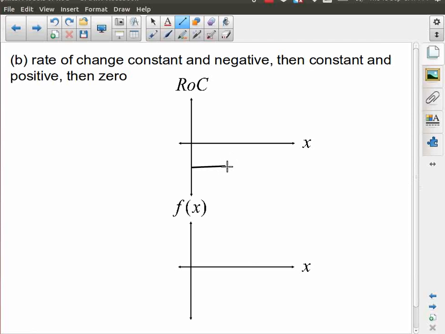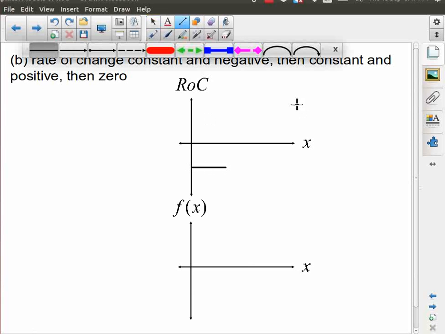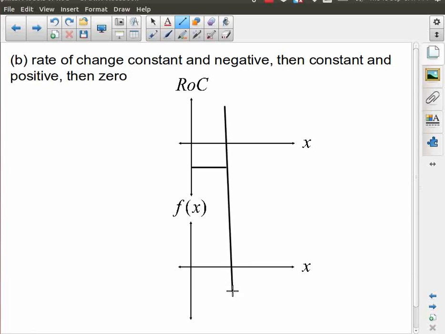Then constant. It's got tilted. Then constant and positive. So from here, I have to go straight up into a positive. The first thing I'm going to do is show you this lining up. I'm going to draw a vertical line here and shift that line over.